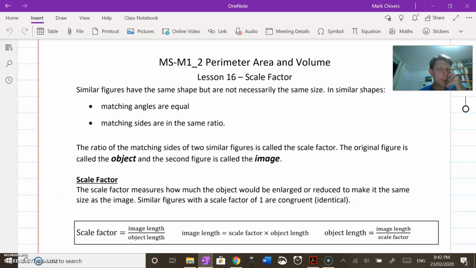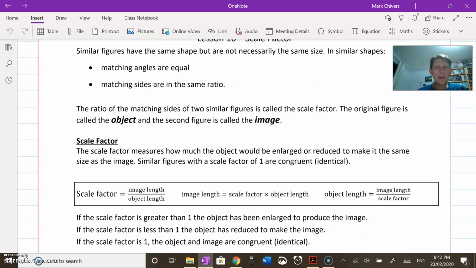The major thing that people struggle with here is this idea of the object and the image. If the question context suggests which one is the object and which one is the image, then do what the question asks. But generally, it's up to you to decide which one is the object and which one is the image.